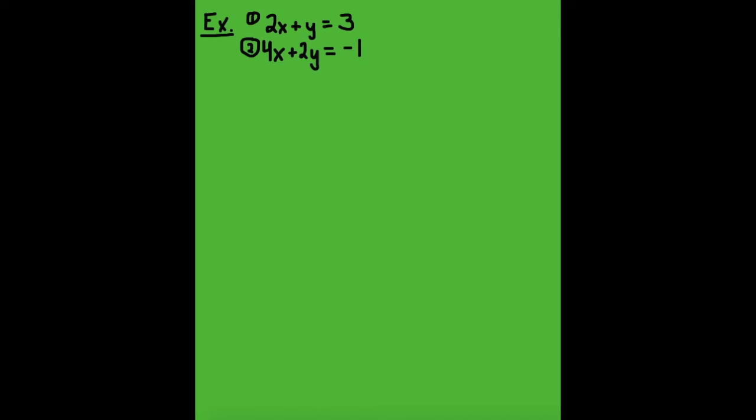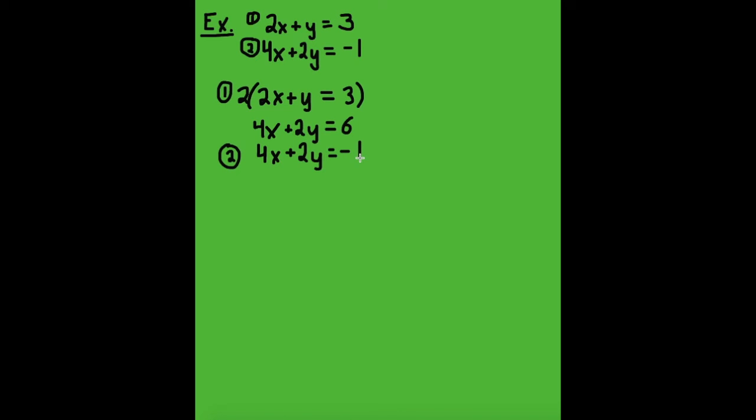So let's cancel the x terms. In order for the x terms to cancel, we have to multiply the first equation by 2. We then get 4x plus 2y equals 6. And we have the second equation, 4x plus 2y equals negative 1.